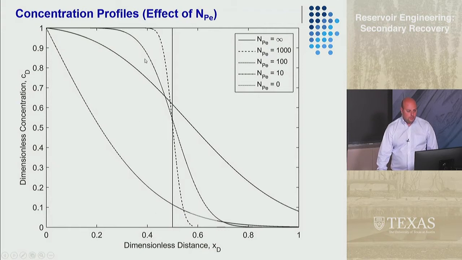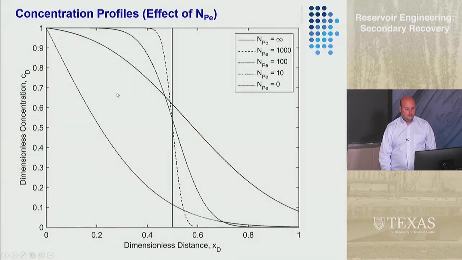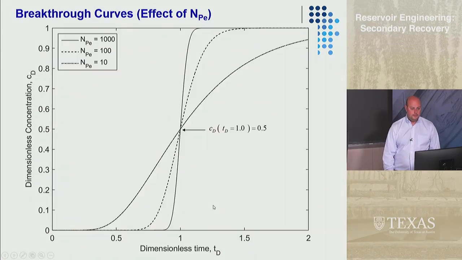So what you're looking at is maybe a delta x of 0.25. If the Peclet number were very high, then delta x would be 0. There's not very much spreading. This is this nice shock front there.